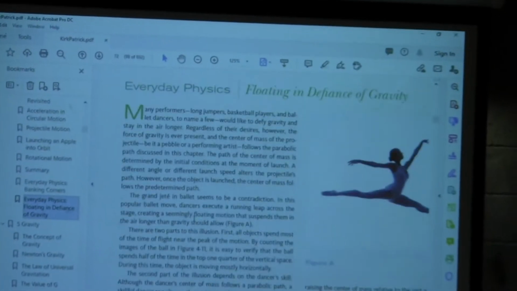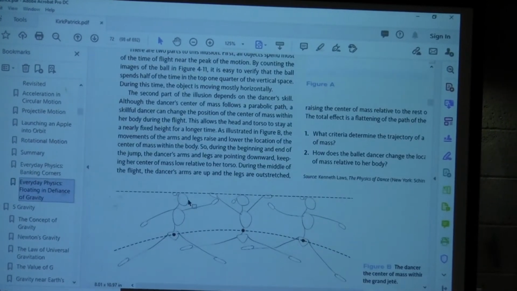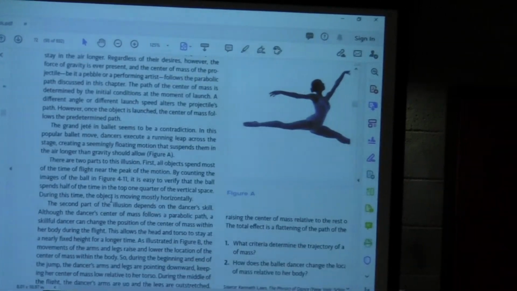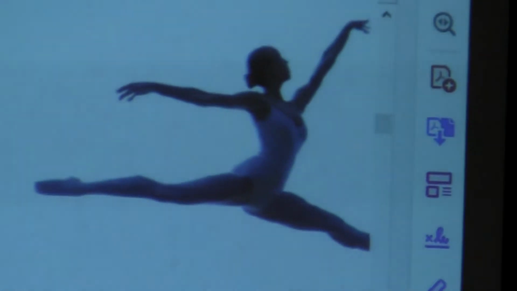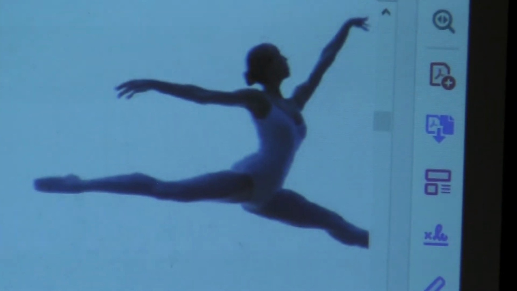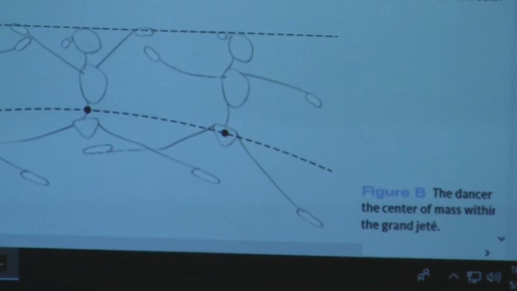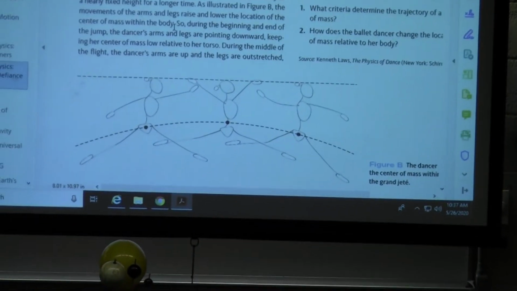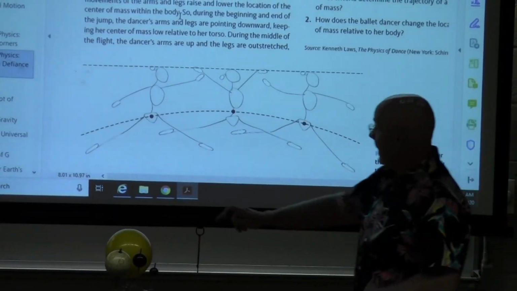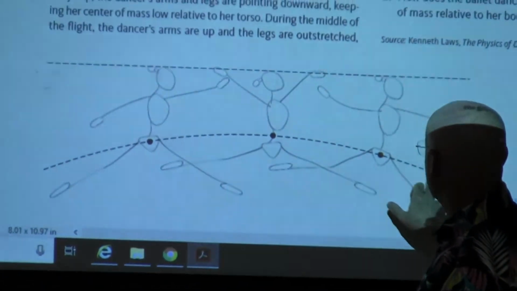And your author also has a picture of a projectile. This is supposed to be a ballet dancer, and they show the ballet dancer photograph here. But down in this diagram, they're trying to show that the center of mass, which is around the belly of the dancer, goes up and then comes down.